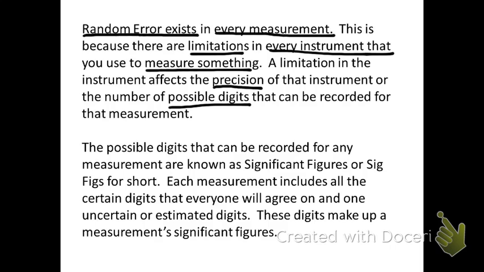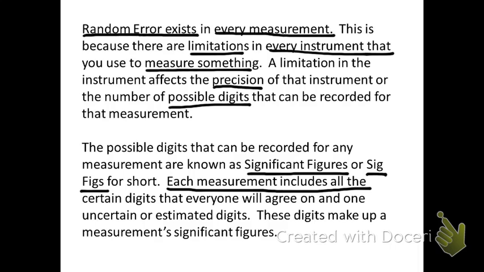Now, the possible digits that can be recorded for any measurement are known as significant figures, or we usually just call them sig figs for short. Now, each measurement includes all the certain digits that everyone will agree on. And now this is really important, so make sure that you either highlight this or underline it, but make sure you learn it.